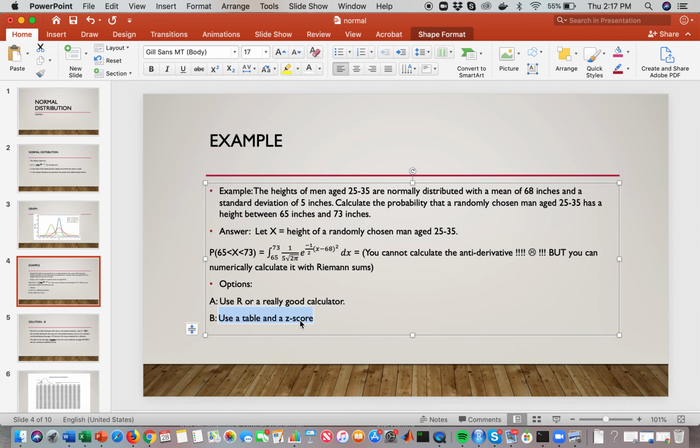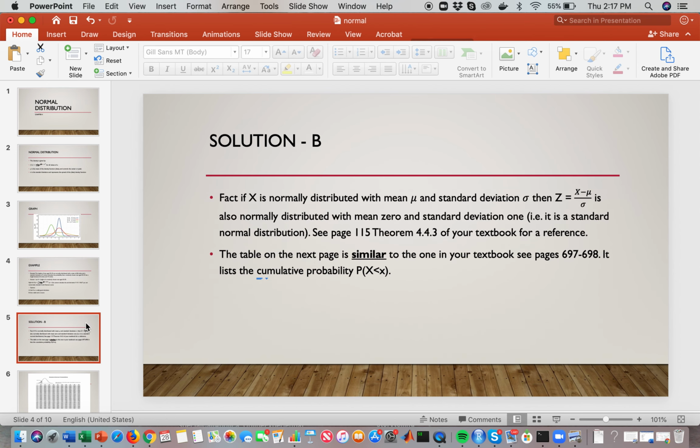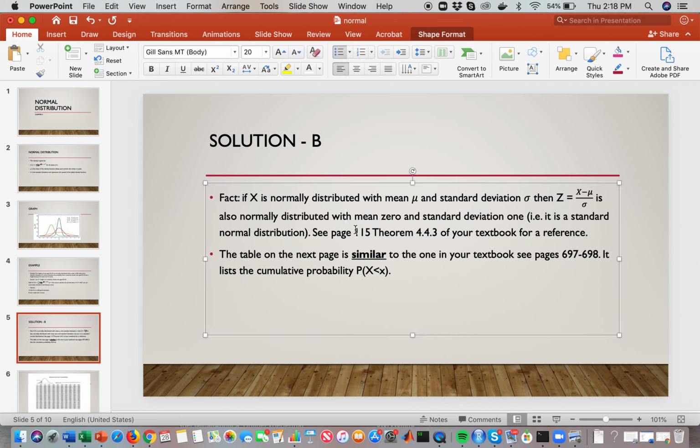We're going to work through that option first. Okay. So if I want to do option B, I don't want to use R, I'll need this fact. And here's the fact. If x is normally distributed with mean mu and standard deviation sigma, then this quantity, called its normalization, is also normally distributed and has standard deviation 1 and mean 0.